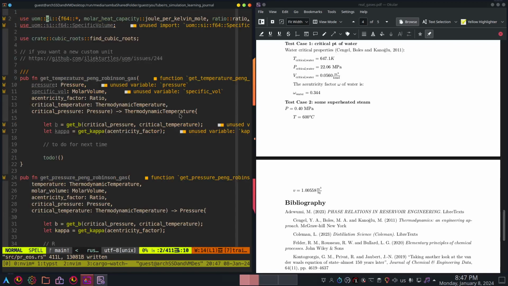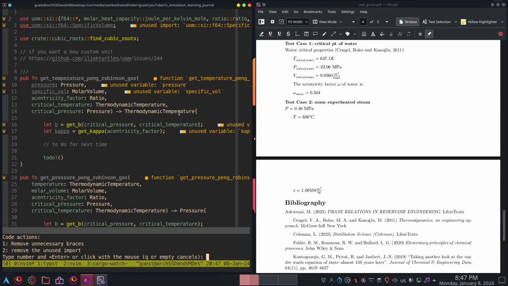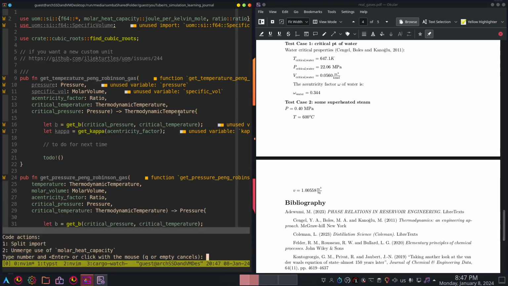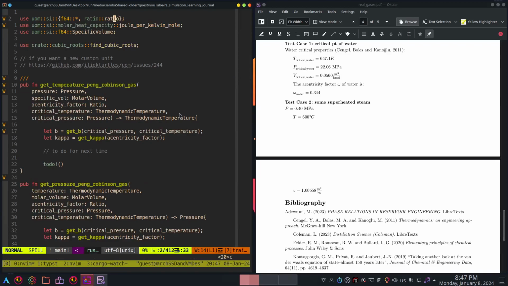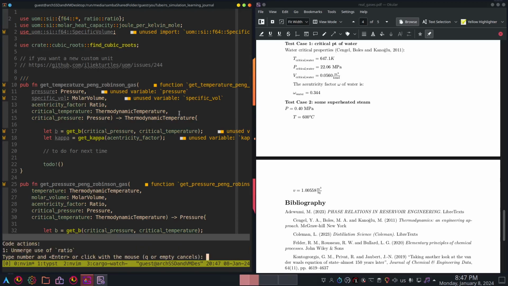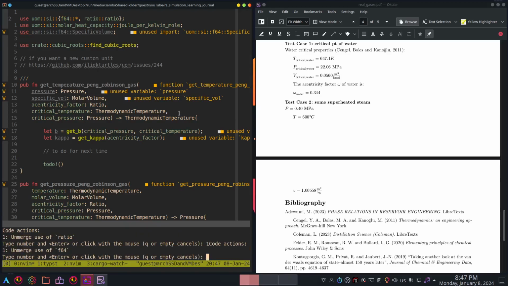Yeah, I want to just tidy up those imports. Unmerge use. Yes, unmerge use.